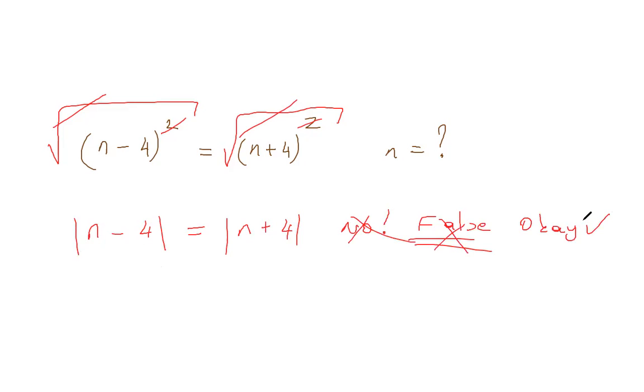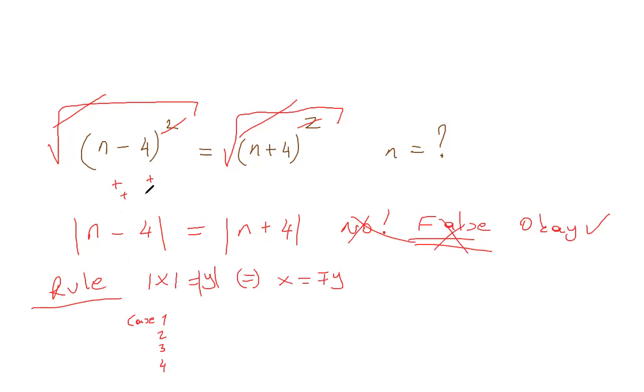Understand? Yes. And this rule is very simple. When you know this, everything is very simple. That's it. If you don't know this, you have to have 4 different cases. Case 1, case 2, case 3, case 4: positive, positive; positive, negative; negative, positive; negative, negative.